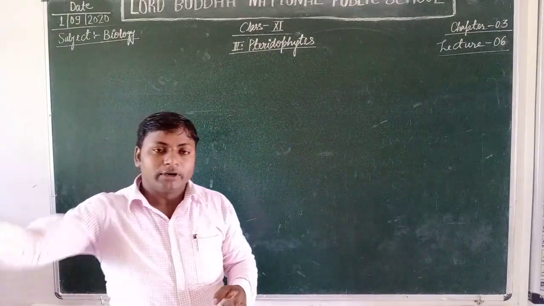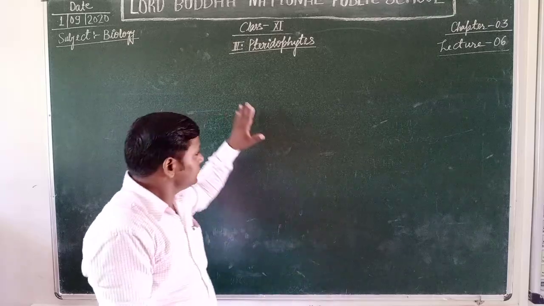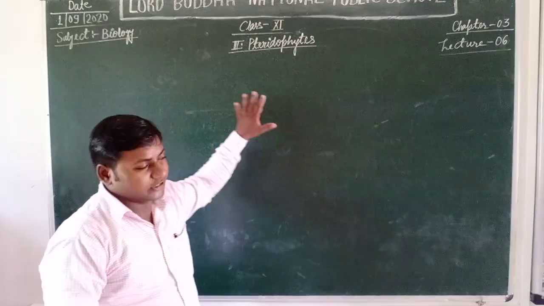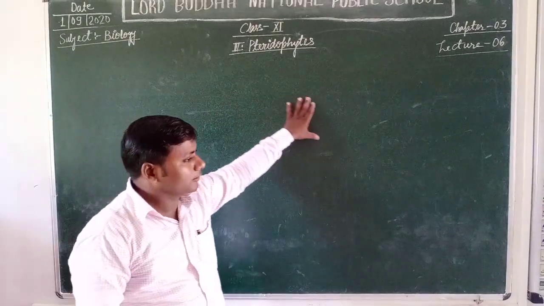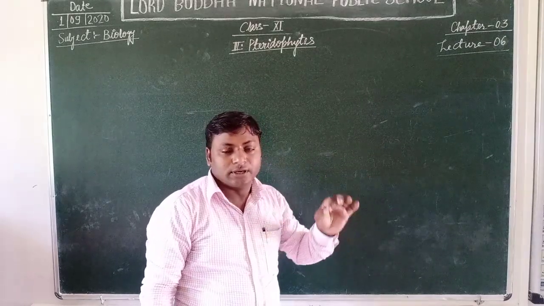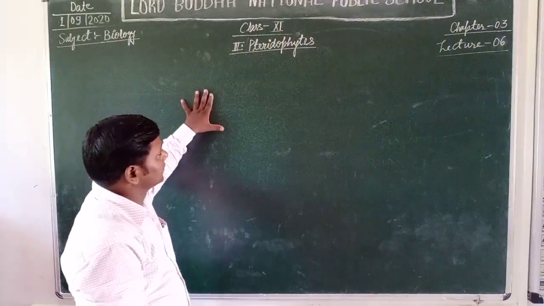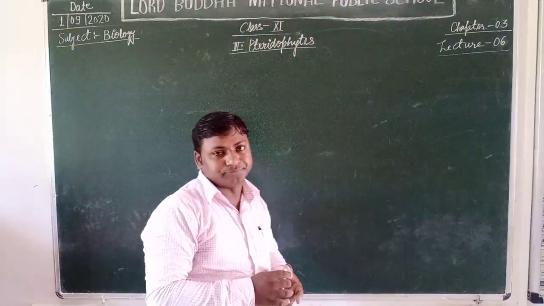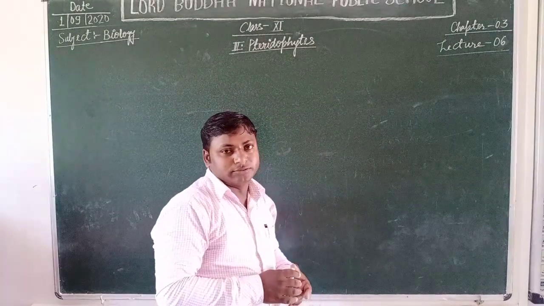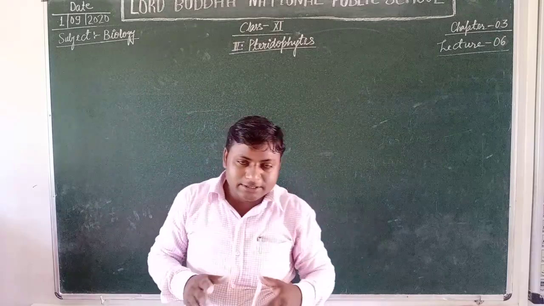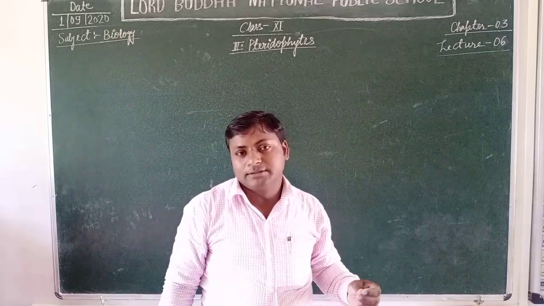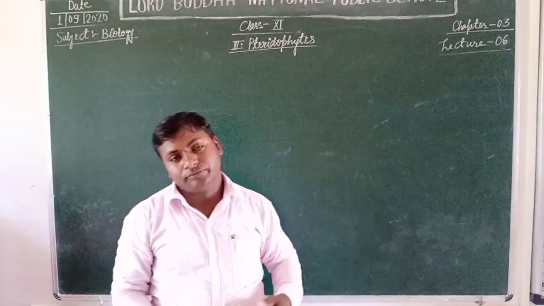It means their body is differentiated into a root and shoot system. The leaves, the root as well as the shoot or stem are found in such plants. A large number of species of plants are included in the pteridophytes.